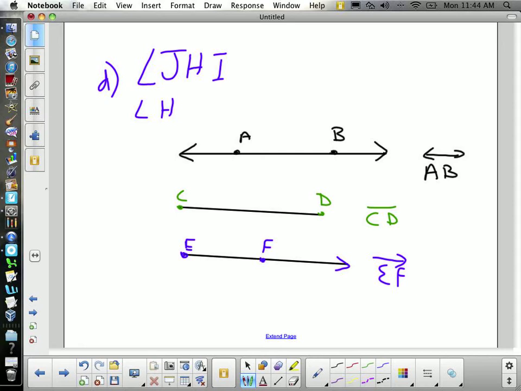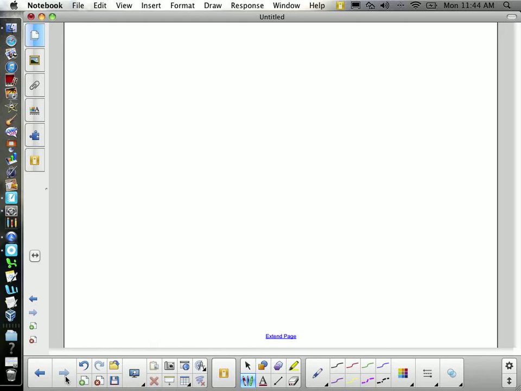Number 3. Given our little picture here. It asks for another name for plane W. Now remember, W is not a point in the plane. W is the name of the plane, but we could use any three non-collinear points in that plane. Okay, is A in the plane of W?